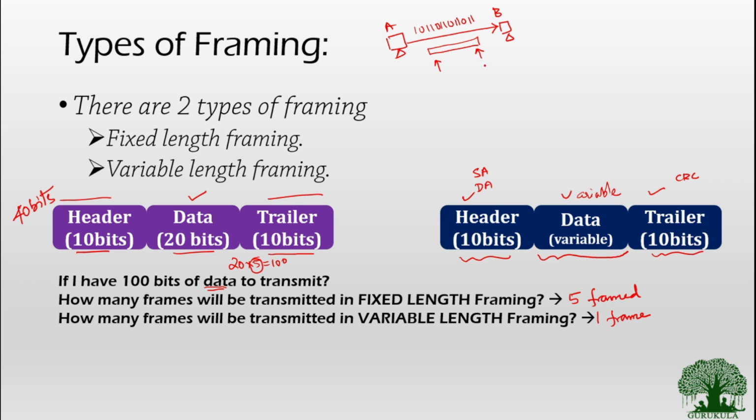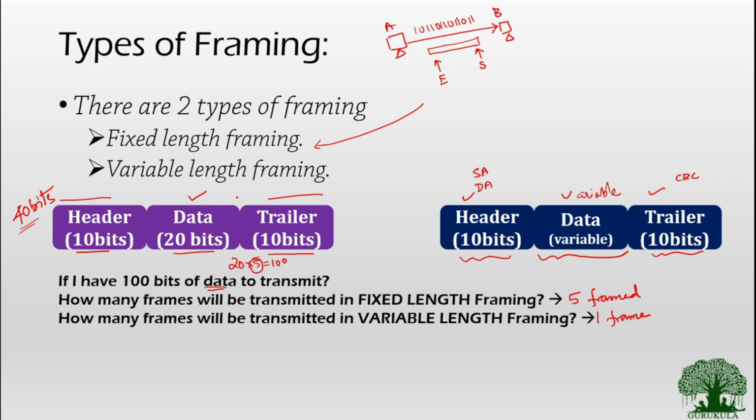Identifying the start and the end of the frame, in other words the boundaries of the frame, how is it identified at node B? That would be the question which could arise in your mind. Identifying the boundaries of the frame is not a serious task as far as fixed length framing is concerned, because in fixed length framing we very well know that the size of the frame is only 40 bits in this example.